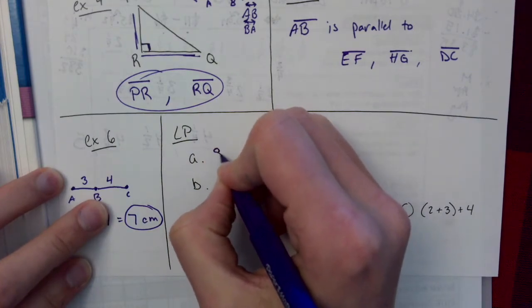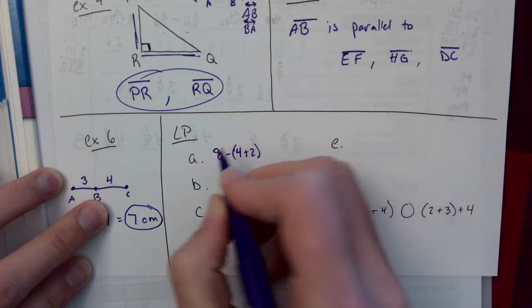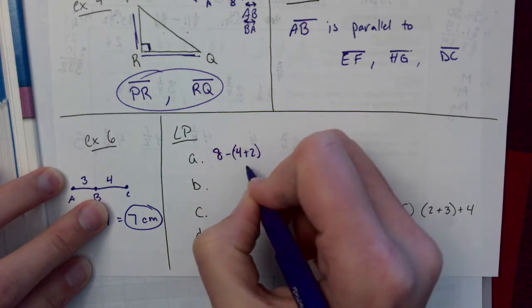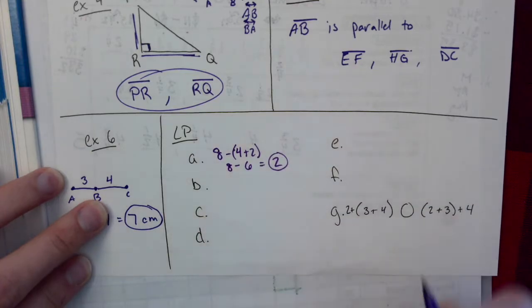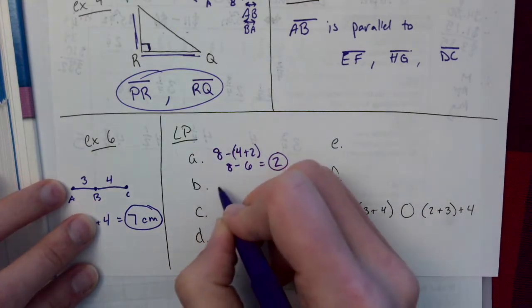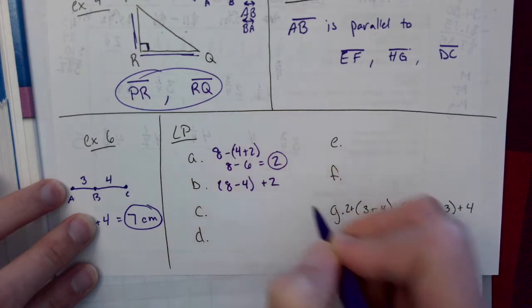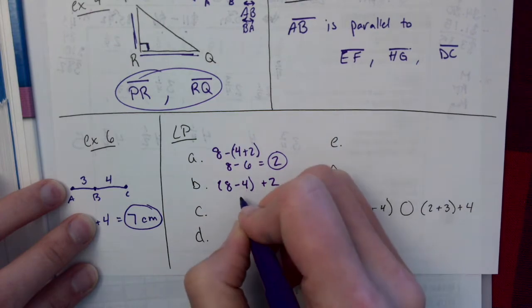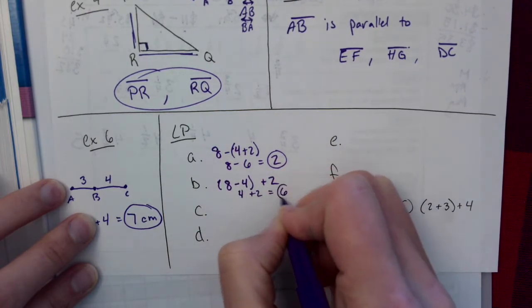So 8 minus 4 plus 2. Do parentheses first. So 4 plus 2 is 6. 8 minus 6 equals 2. B says 8 minus 4 plus 2. 8 minus 4 is 4, plus 2 gives me 6.